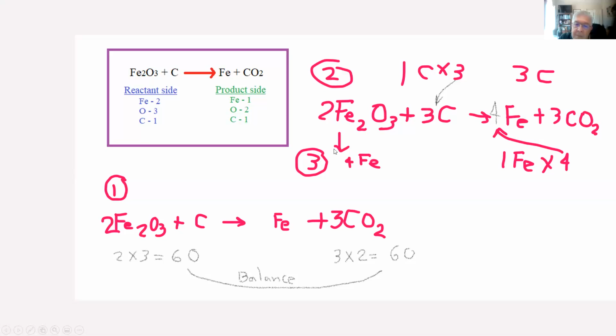In the third step, you can see that iron has a 2 in front, and here you have only 1 iron. What you have to do is multiply by 4, by adding a 4 in front of the iron, and now you have 4 iron and 4 iron, and you can say the equation is balanced.